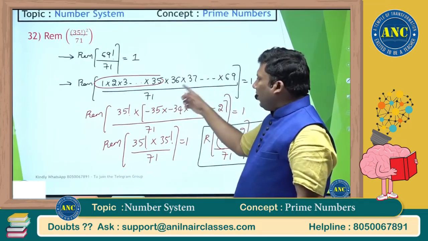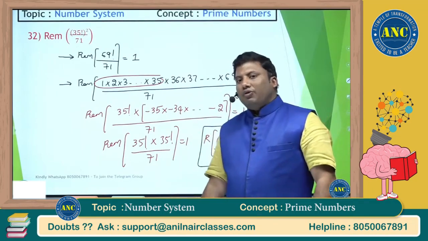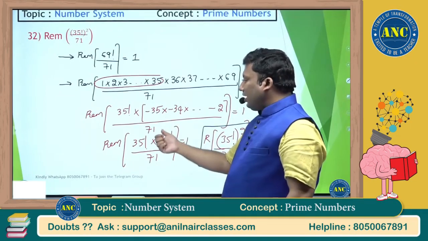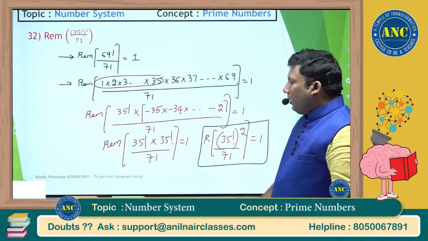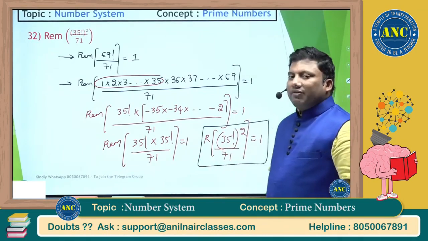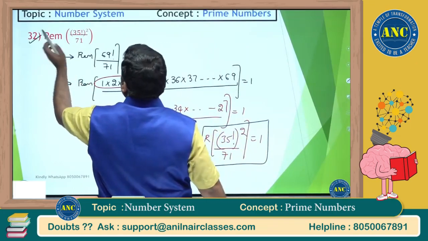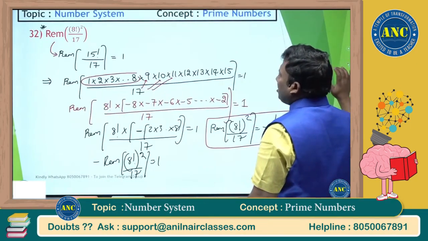Minus 35, minus 34, minus 2: from 2 to 35, total 34 negatives. So if I take the product, I'll get plus 35 factorial into 35 factorial by 71, it is 1. 35 factorial whole square divided by 71, it is 1. I hope the idea is clear. P minus 2 factorial.